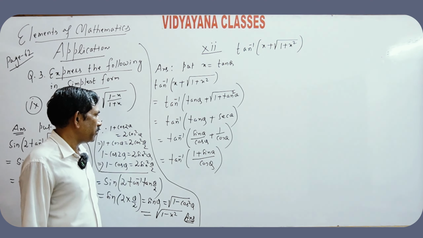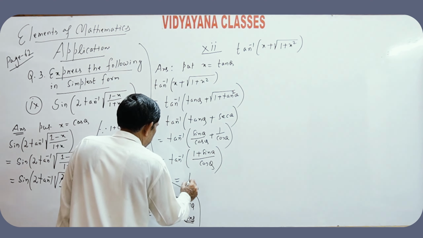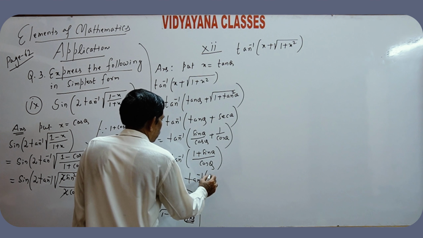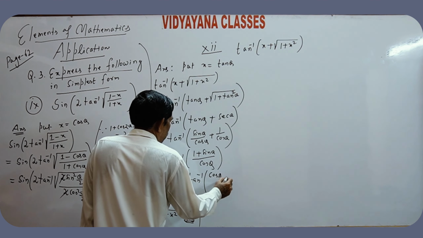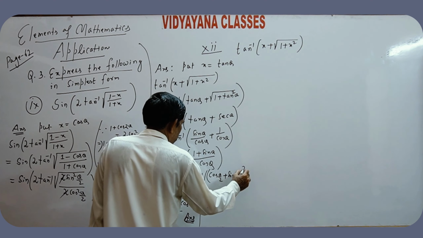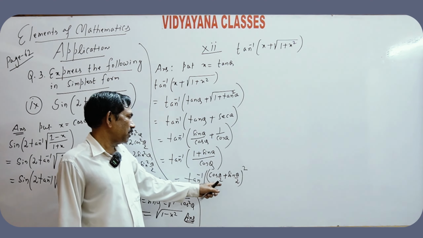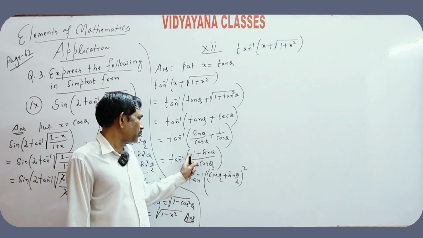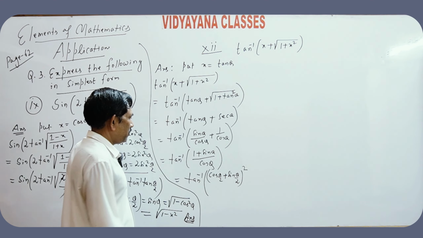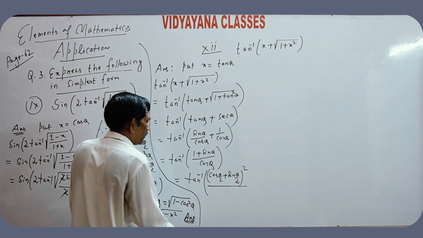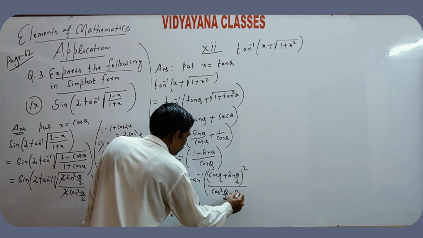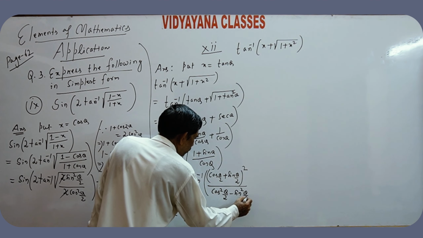1 plus sin theta divided by cos theta, which is same as tan inverse of cos theta by 2 plus sin theta by 2 whole square, since cos square theta by 2 plus sin square theta by 2 is equal to 1, plus 2 sin theta by 2 into cos theta by 2 is equal to sin theta, whole divided by cos square theta by 2 minus sin square theta by 2.